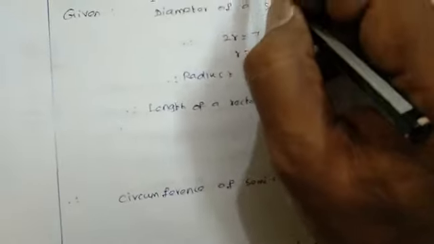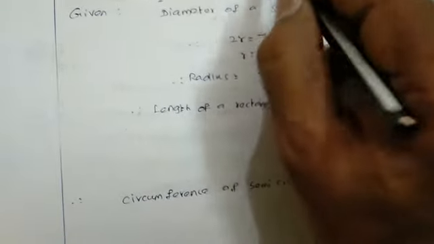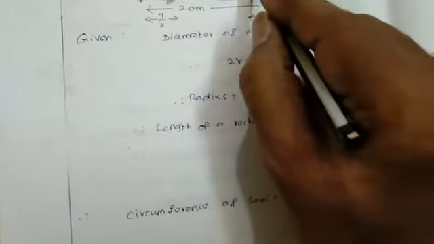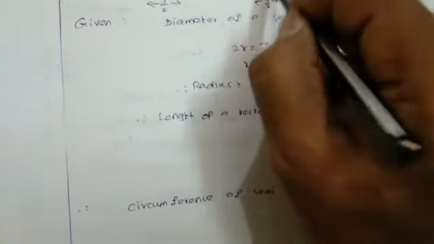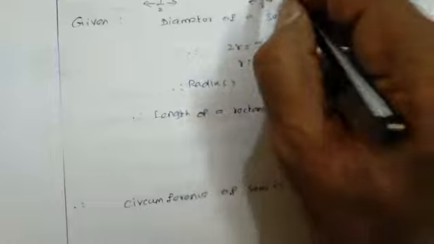But this is the curved length. For a circle, this is the circumference. Circumference of what? This is a semicircle.